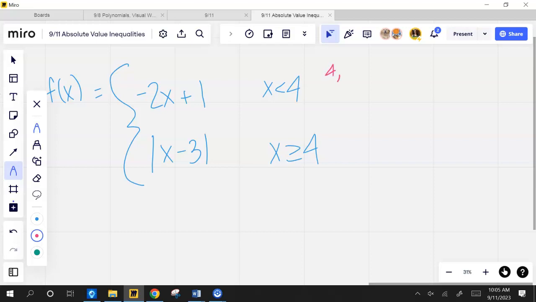If I plug in 4, what do I get back out? It's funny because some of you are already thinking about what you're going to draw and you don't even know what the problem is going to be. All right, -2 to -7.